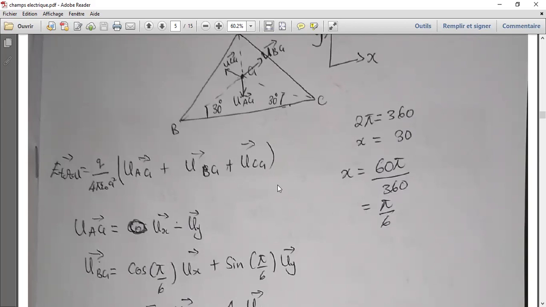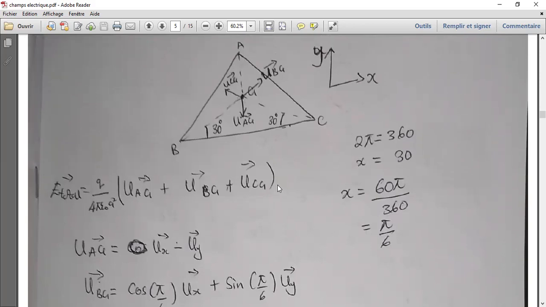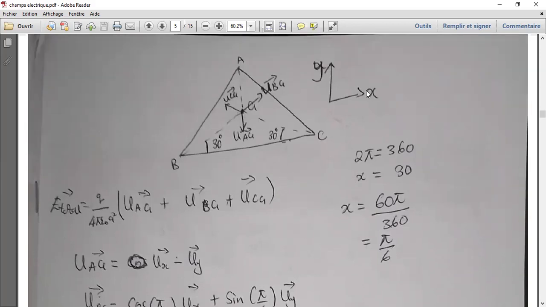You have to be able to define some steps, which we are going to do. So here we're going to change the vector AG in terms of x and y. The vector AG in terms of vectors ux and uy, because we are working in the what? In the plane form. That's where the Cartesian coordinates come in. So those things are really important. So you have your vector UAG. How do you do it?